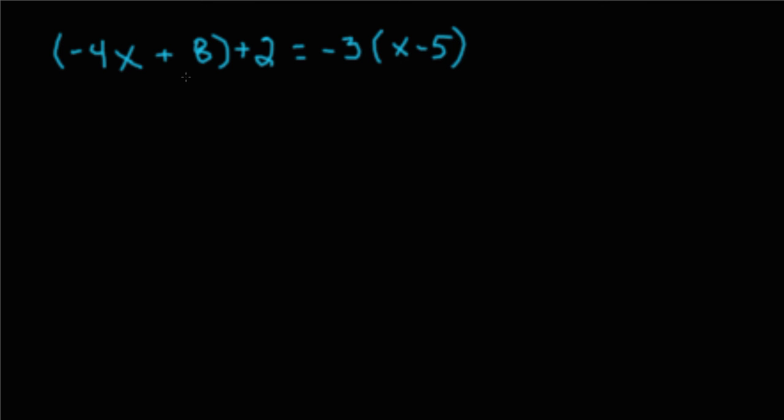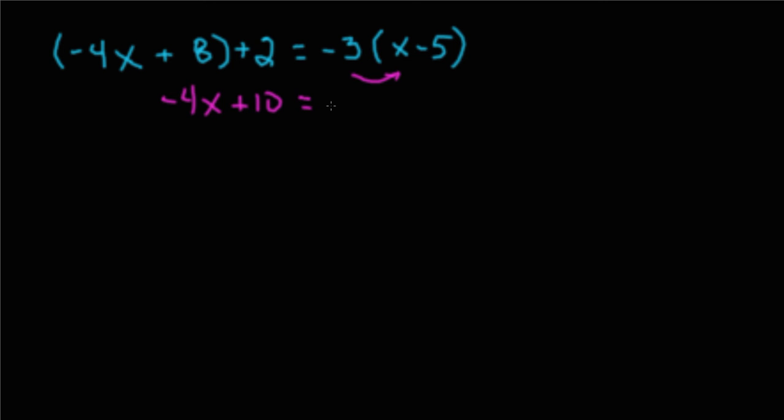So first thing we can do is get rid of these parentheses because we're adding here. So we can simplify this left side of the equation as negative 4x plus 8 plus 2, so that gives us plus 10. And on the right side of the equation, we can multiply using the distributive property.